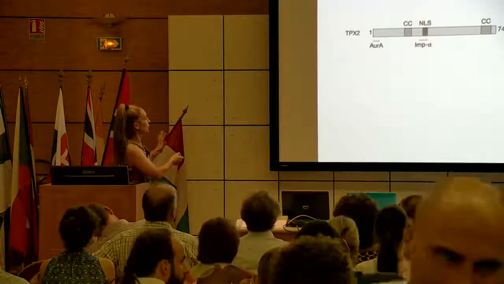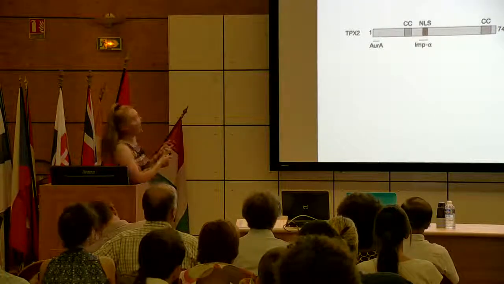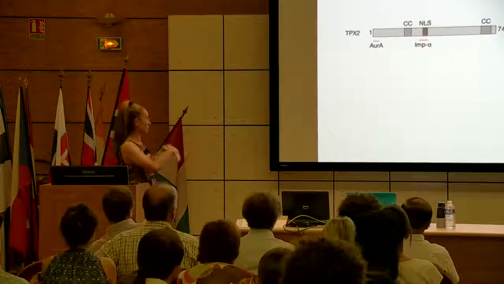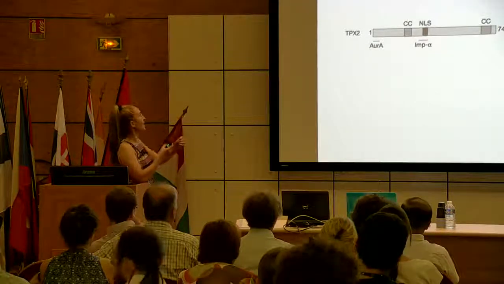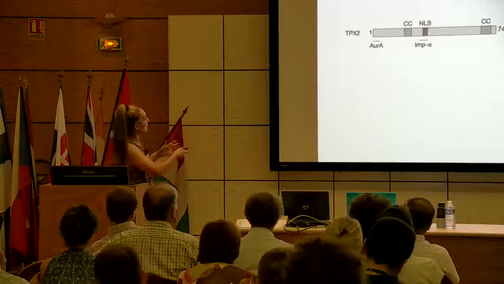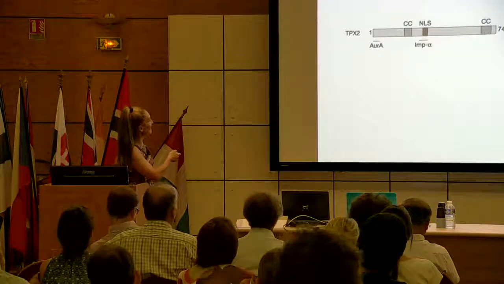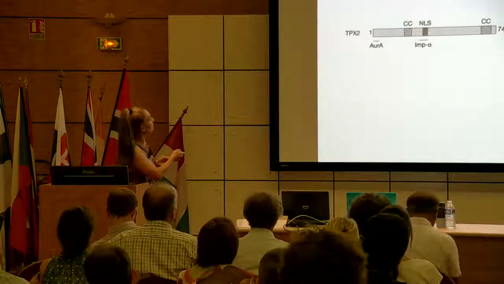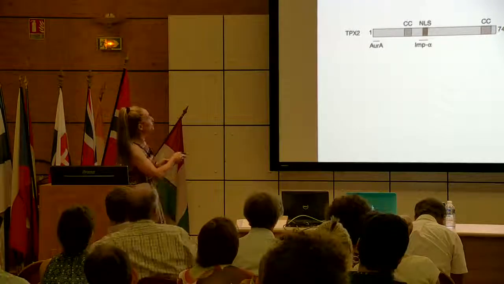But it's also used in this way. So TPX2 is bound to importin. It is sequestered in the nucleus during interphase, and then when nuclear breakdown occurs, if it's near the chromosome where Ran-GTP is high, now this is going to fall off. The importin is going to fall off, and the TPX2 will be freed.